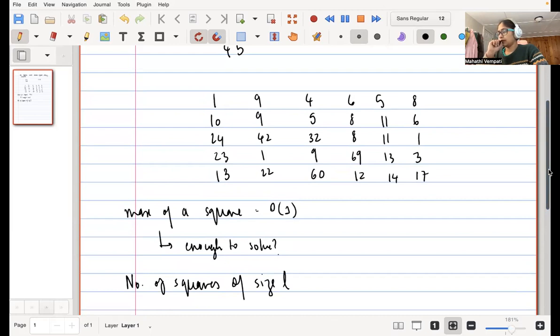If you are of size L, then the number of starting points, so this is M, you have M minus L plus 1 into N minus L plus 1, right?